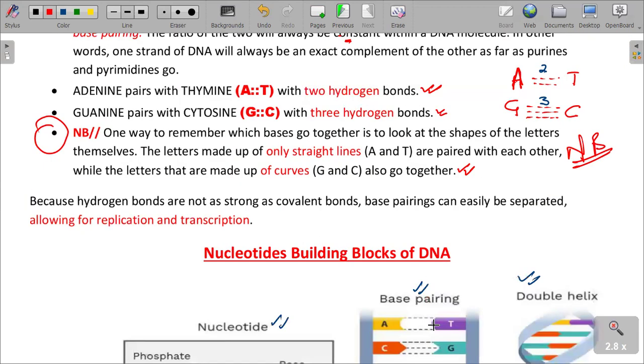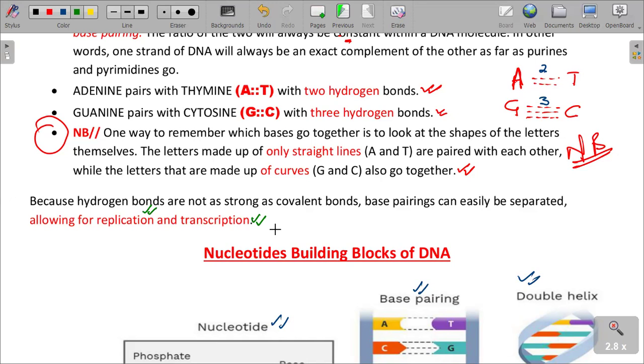Because hydrogen bonds are not as strong as covalent bonds, base pairing can easily be separated, allowing for processes of what? DNA replication, the replication process, and also transcription, as I alluded to in my introduction above. So why are the complementary bases joined together by weak hydrogen bonds?